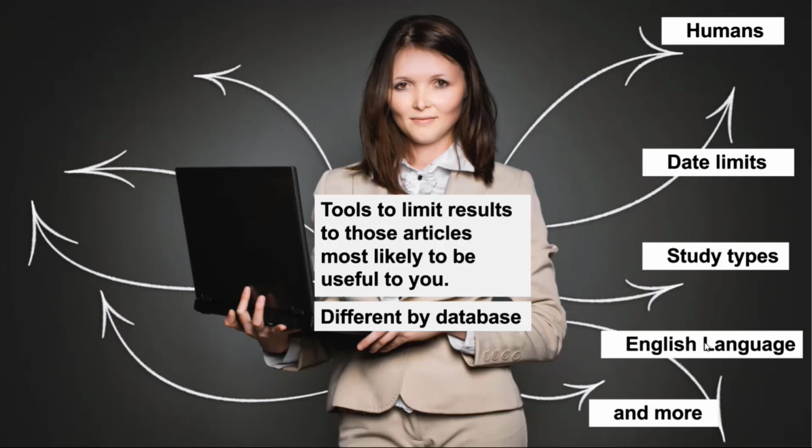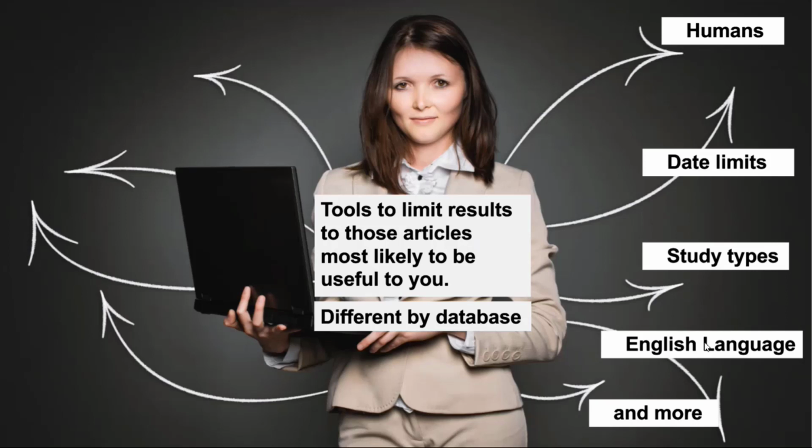And then there's also filters like language limits. There's usually filters by the sex of the study participant. There's usually filters for country or region. There's lots and lots of filters, and we'll take a look at what they look like and where you can find them.